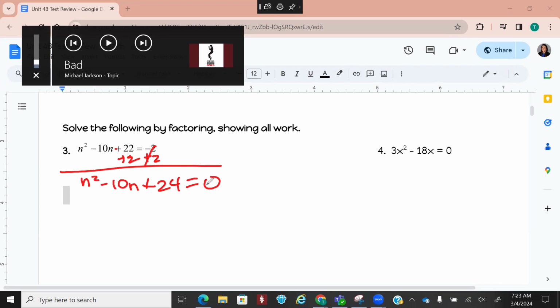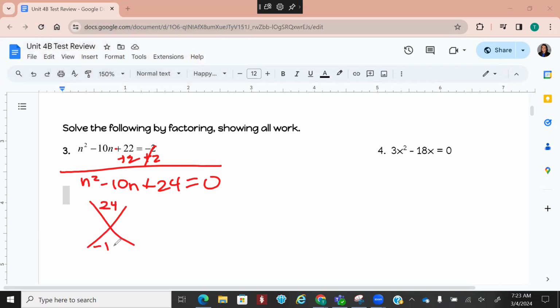Okay, now we're going to try to solve. So what two numbers can I multiply together to give me 24, but add together to get me -10? Multiply to get 24, add together to get -10. 6 and 4, and they're both negative, right?